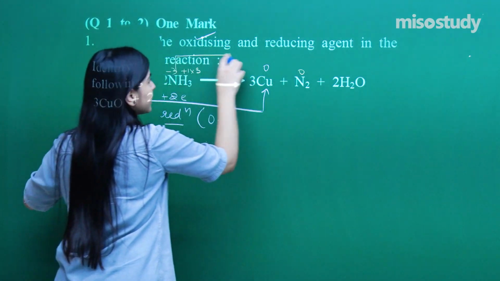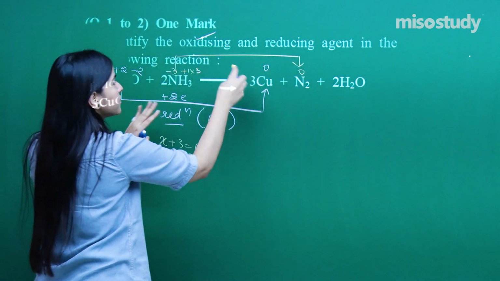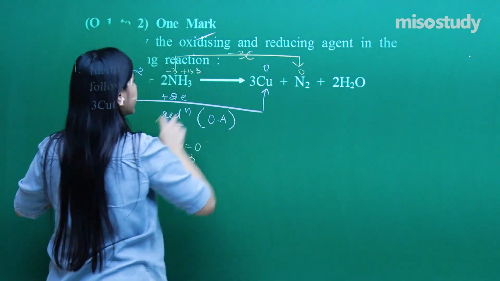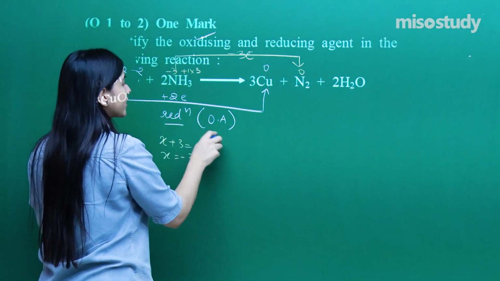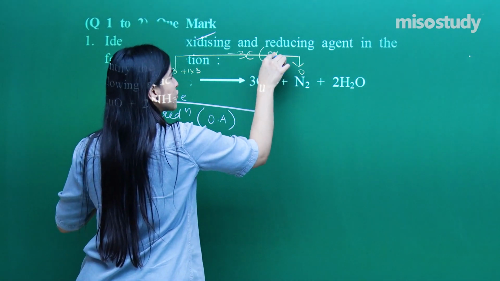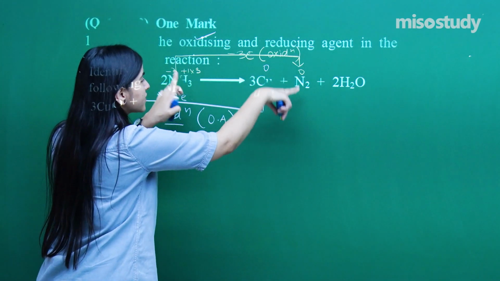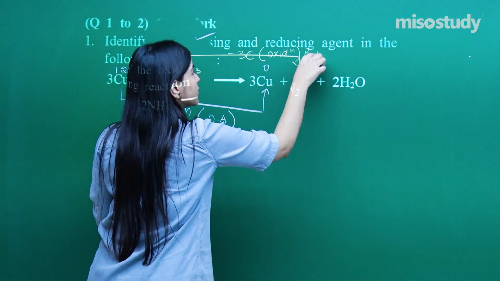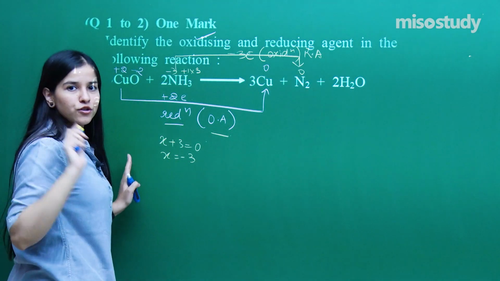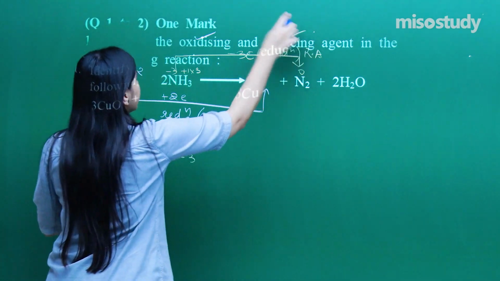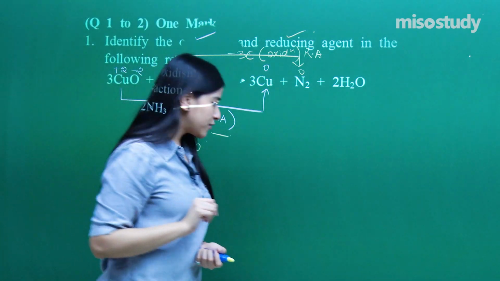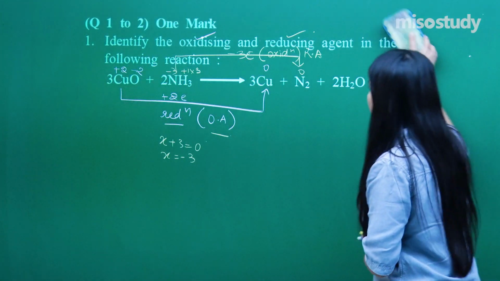That means -3 to 0 is loss of 3 electrons, which is the oxidation process, and the species which is getting oxidized is a good reducing agent. I've told you this before. Done with question number 1. I hope everybody has understood that.